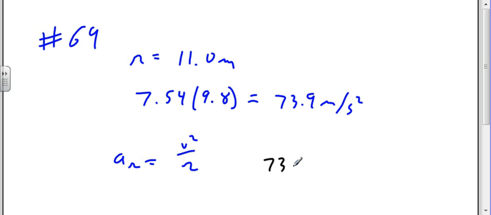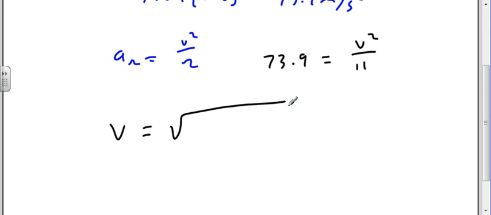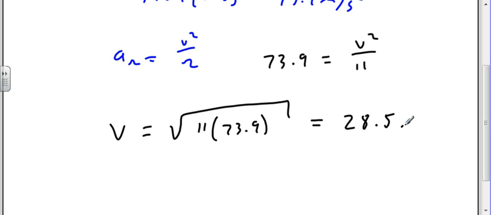So 73.9 is equal to v squared over 11. v is equal to the square root of 11 times 73.9, which is 28.5 meters per second.